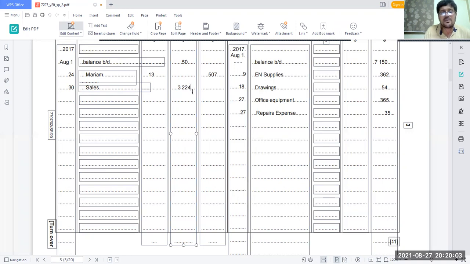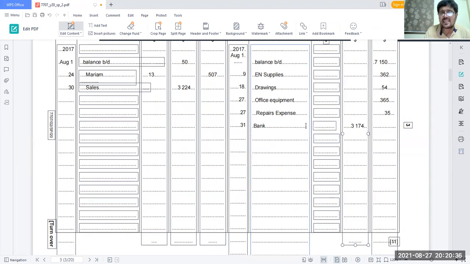The 3174 cash has been transferred to bank on 31st. Cash is deposited into bank. How much? 3,174. Yes. Done.